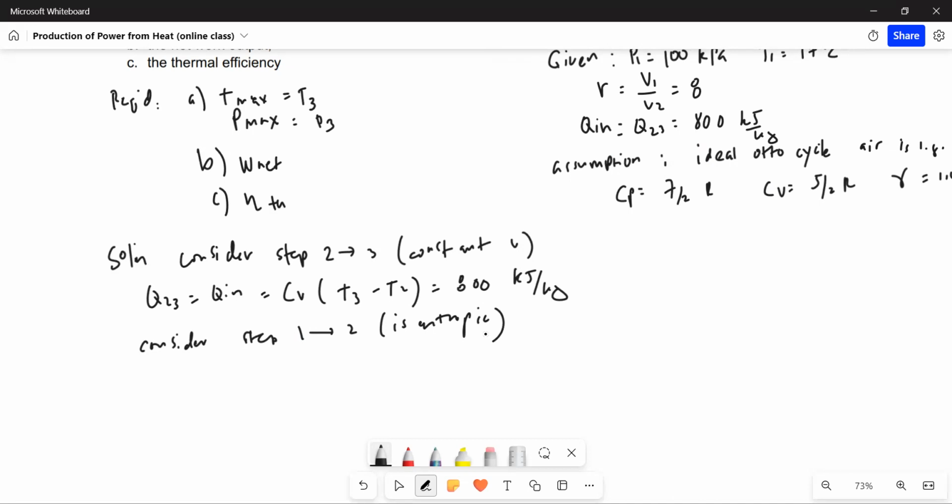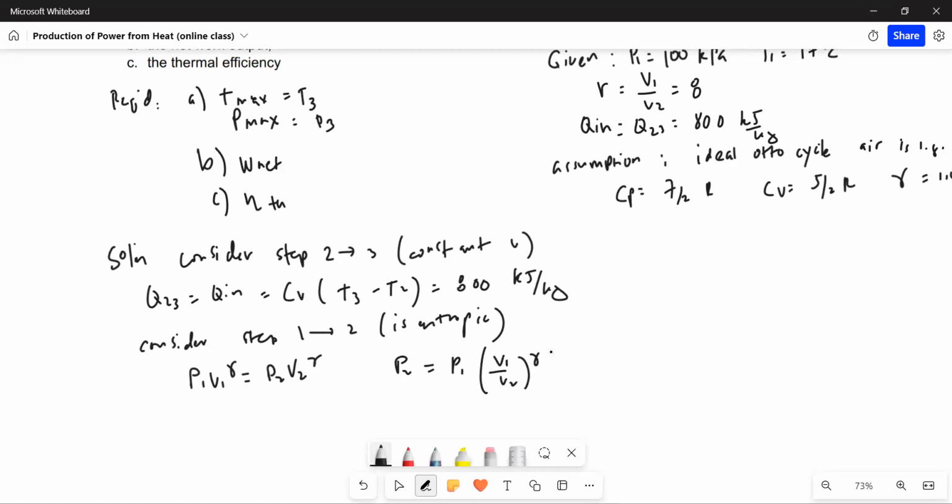So we can use the equation P1V1 raised to gamma is equal to P2V2 raised to gamma. Rearranging, let's solve for P2 by combining V1 and V2, because remember we're given the compression ratio. P2 is equal to P1 times V1 over V2 raised to gamma, correct?